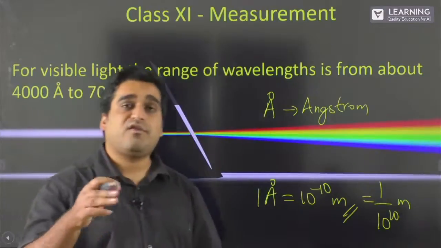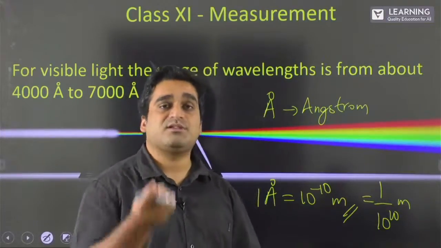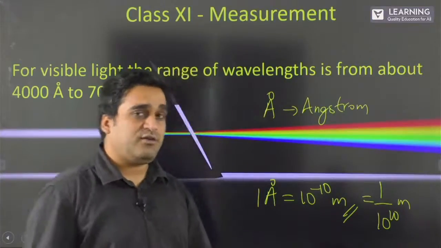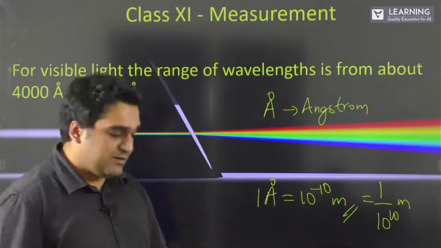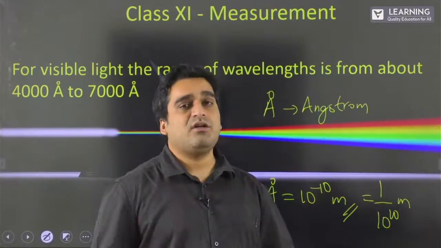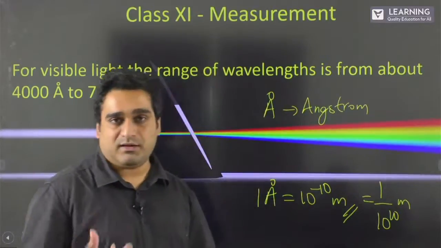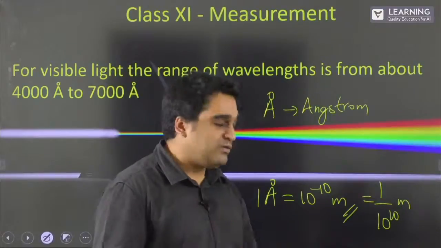Earlier, 1 followed by 6 zeros. 1 followed by 10 zeros means an even smaller value compared to that of a micro scale. So yes, light is smaller compared to bacteria. So bacteria are quite large in size compared to light.